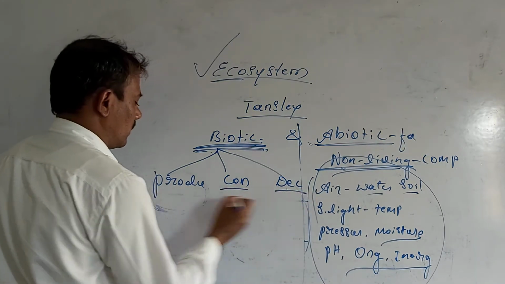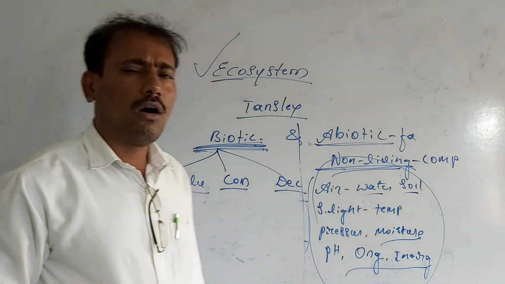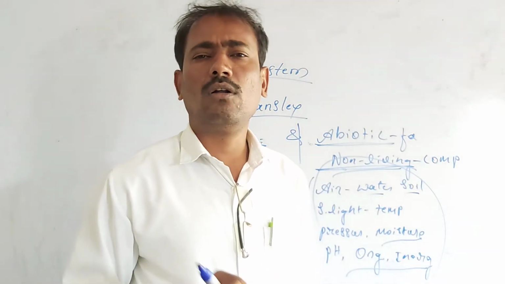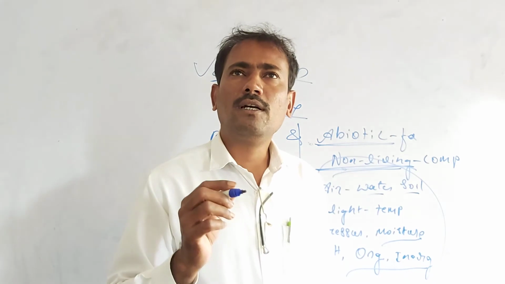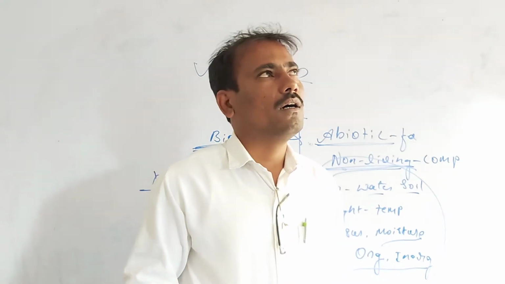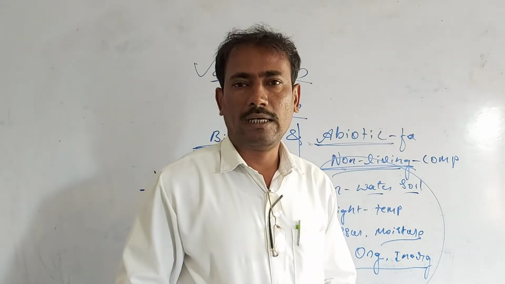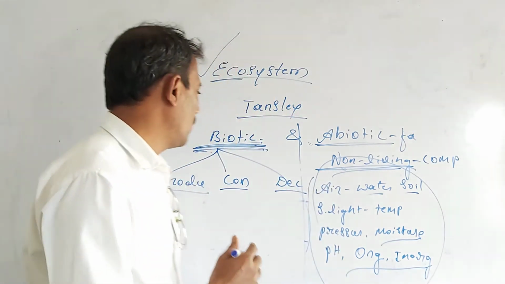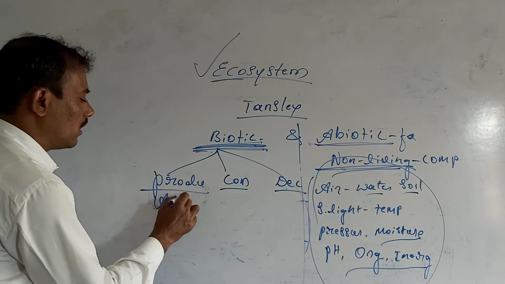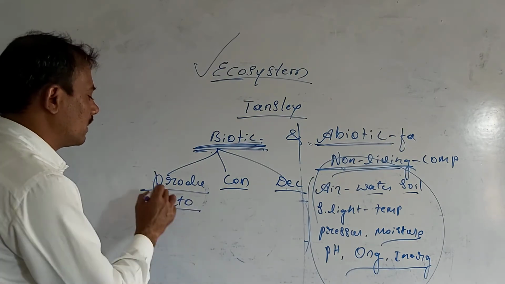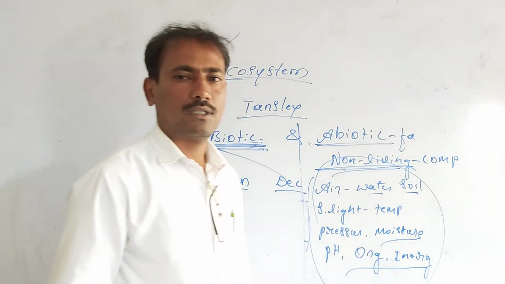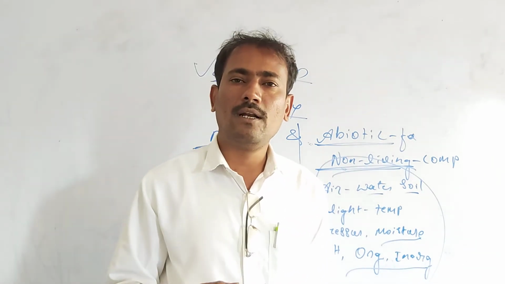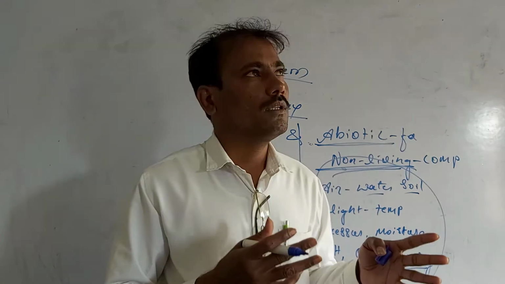Here, the producers. All green plants are considered as producers. Every green plant, as they are exposed to sunlight, photosynthesizes. They prepare their own food material. All autotrophic green plants are called producers, as they prepare their own food material with the help of sunlight.